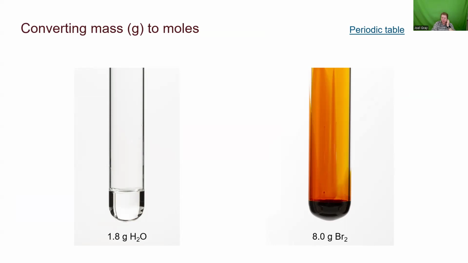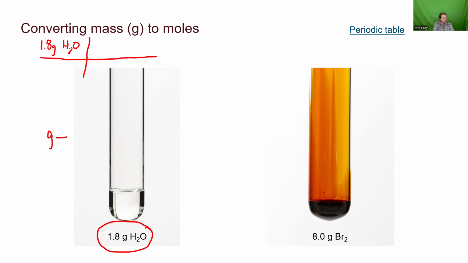Well, in order to do this, we have to do what's known as dimensional analysis. In dimensional analysis, you have a number, your starting quantity. So I'm going to say 1.8 grams of H2O. Got it? And then I want to convert that into moles. So I have to go grams to moles.